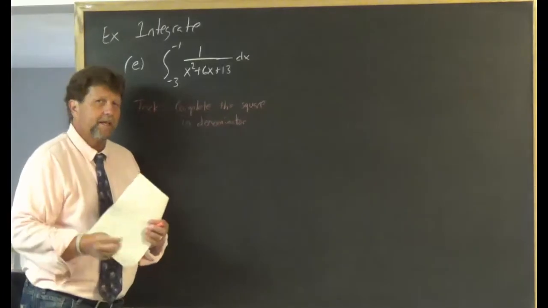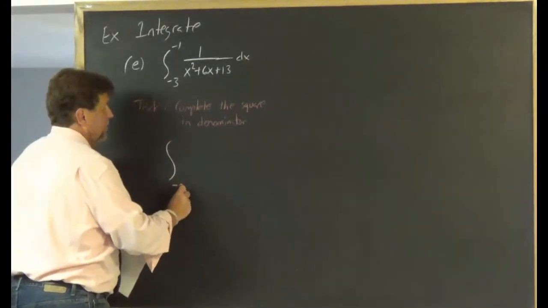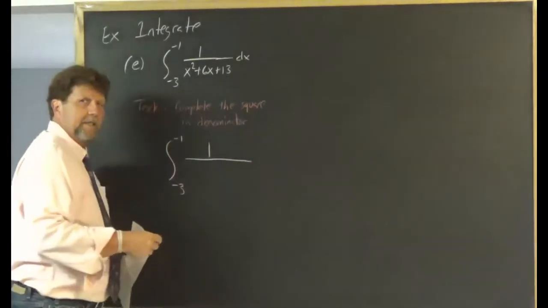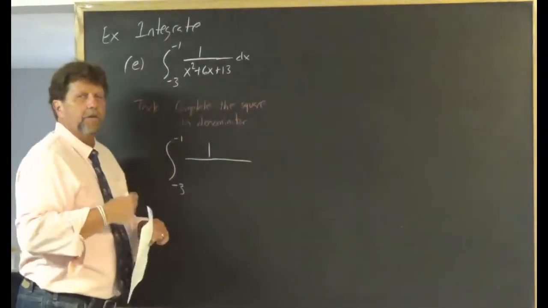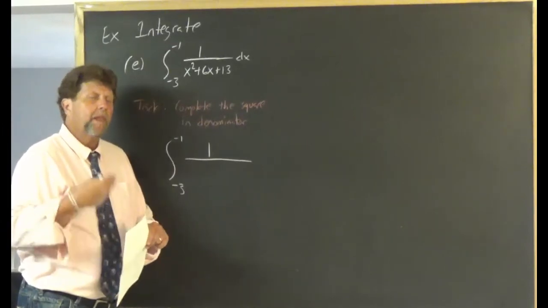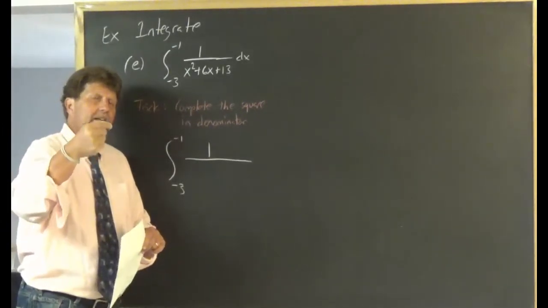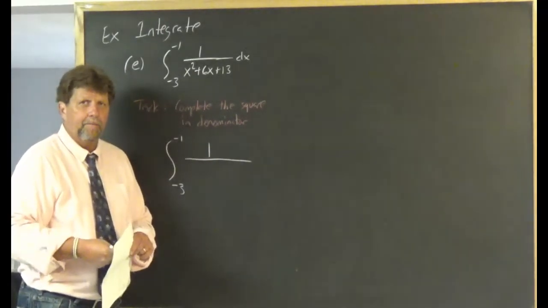Again, it's the old algebra technique of completing the square. So I'm going to talk through it. The process was you take half of this, which gives you 3, then you square that, which gives you 9. That tells me x squared plus 6x plus 9 is a perfect square.